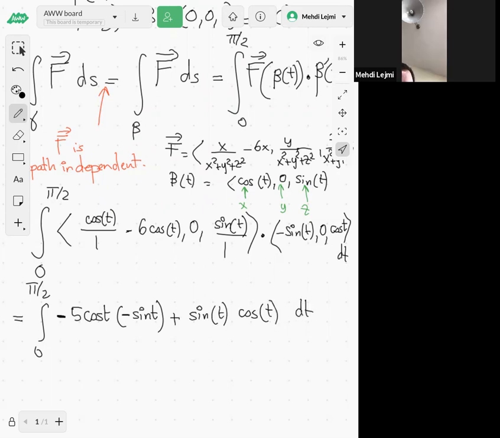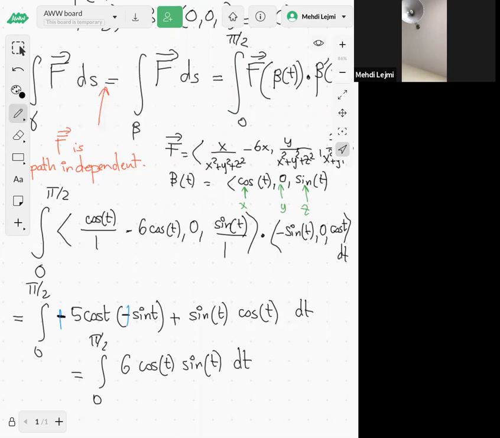So the minus here would be a plus. So 5 cosine sine plus another sine cosine, that'll be 6 cosine of t sine of t dt.